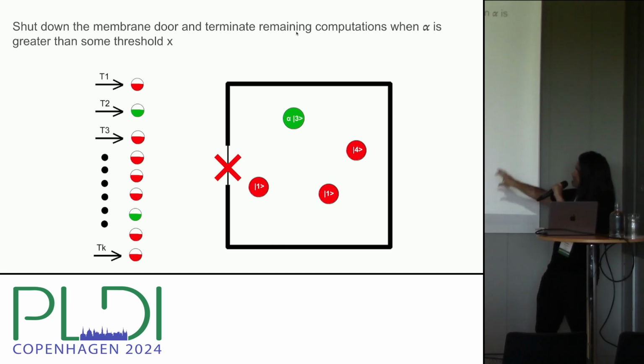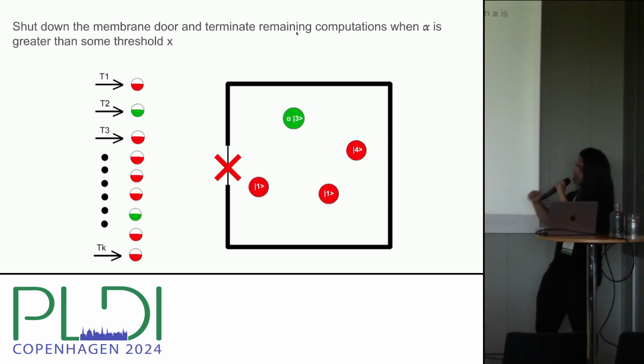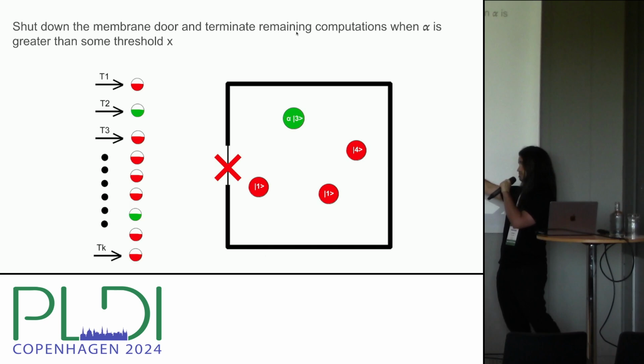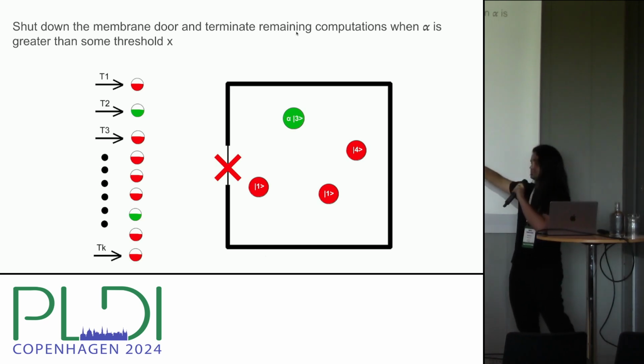And as soon as any state that makes it into this membrane reaches that threshold, I'm going to halt all the other ongoing computations. There will be threads that haven't finished their work, that haven't pushed their state into this membrane yet, but I'll say, okay, I don't care about this. I'm going to stop here. And of course, whatever has made it in, the amplitudes squared will not add up to 1, so I'll have to rescale, and I'll sample from this subset that I have here.